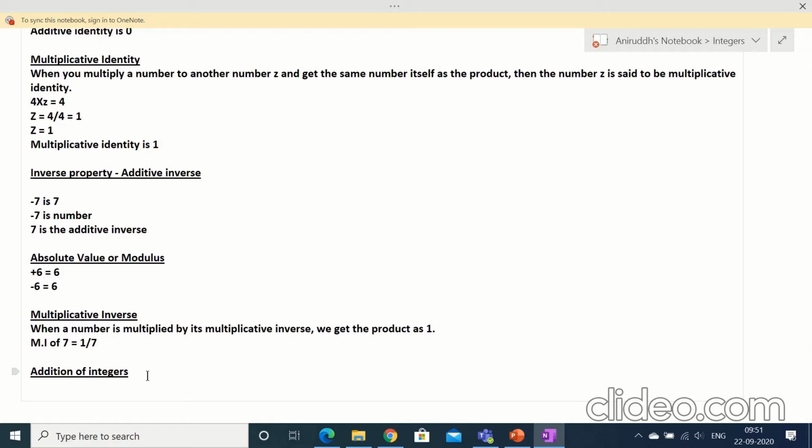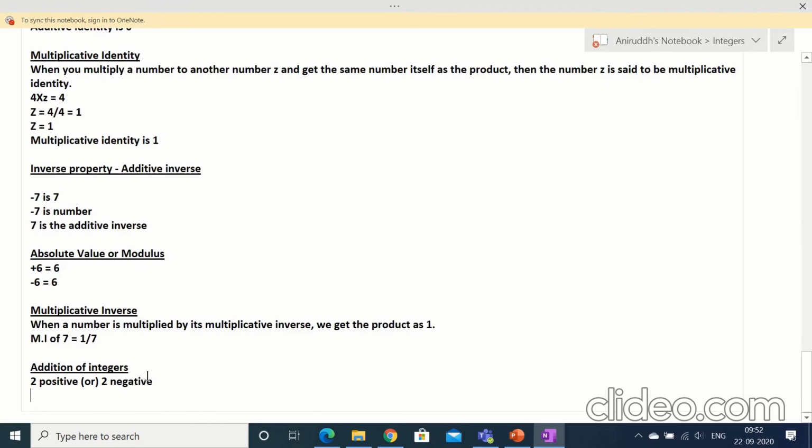When we are adding two positive integers or two negative integers, we need to follow these steps.